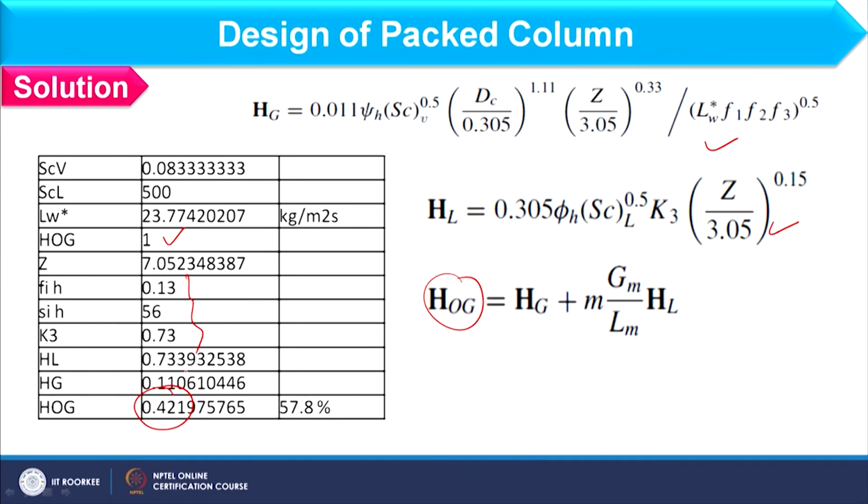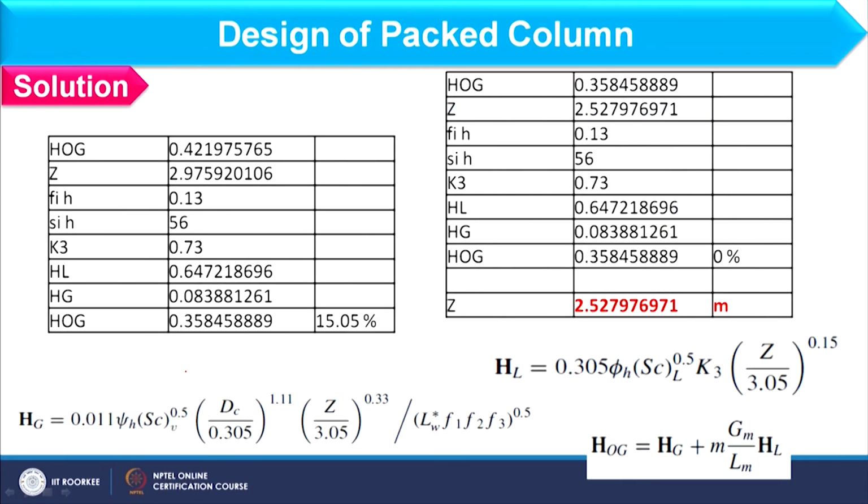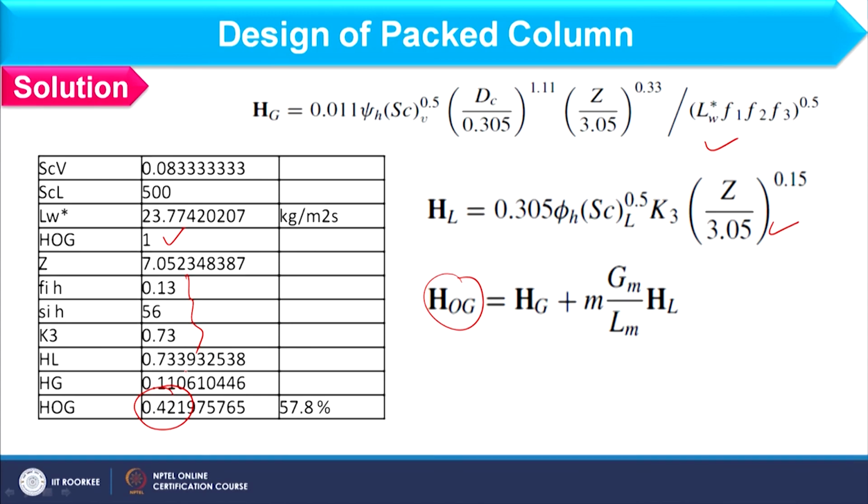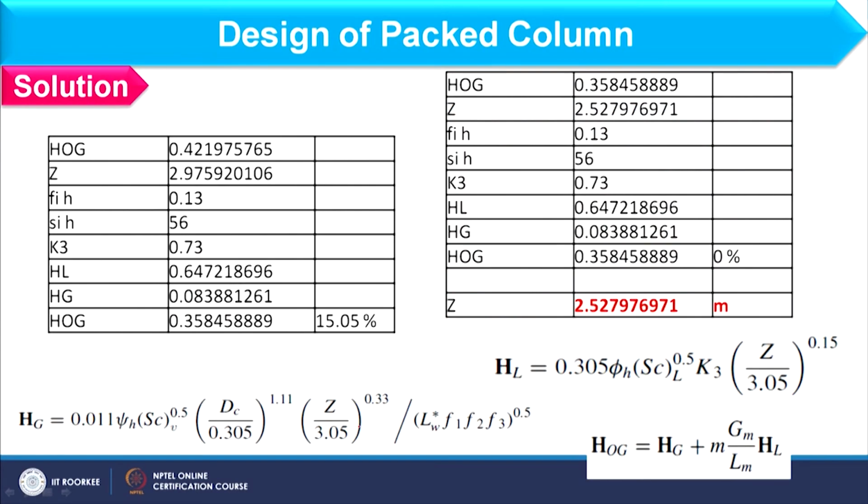All these values you can see on your own, and we can see that sufficient error is there. Further we can consider this HOG, and now the Z value you can obtain as 2.97, right, multiplying HOG with NOG. So here you see the Z value is coming less than 3 meter.